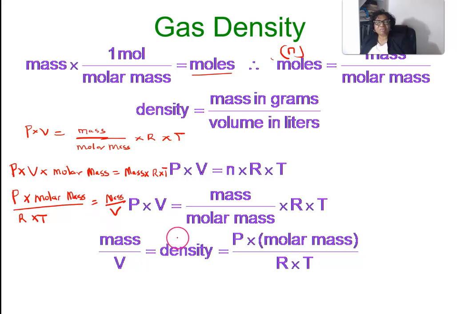And we know that mass over volume is density. So density equals pressure times the molar mass over R times T.